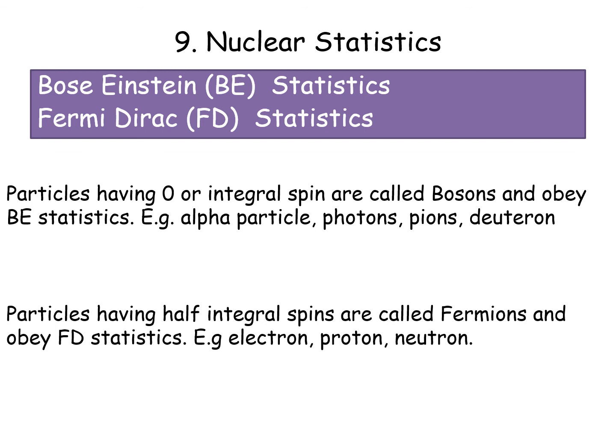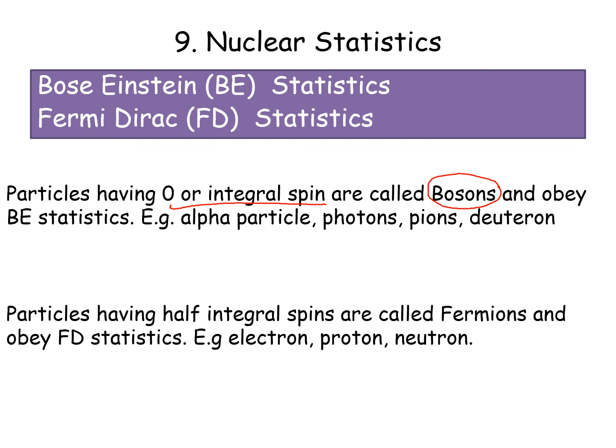Now we come to the last nuclear property, that is nuclear statistics. Nuclear statistics is of two types, Bose-Einstein statistics and Fermi-Dirac statistics. The particles which obey Bose-Einstein statistics are called bosons, and these particles have 0 or integral spins.